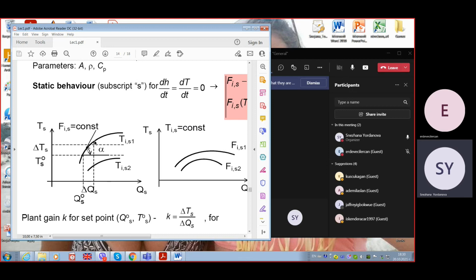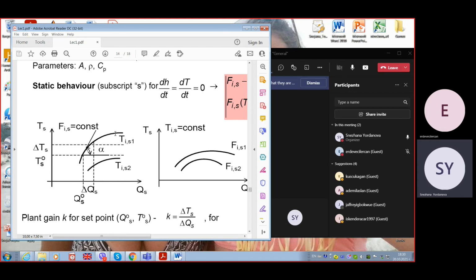This tangential line in different operation points is defined by the input-output couple. So for Q0, we have TS0 and TI0, so all inputs should be defined. And this is one operation point.